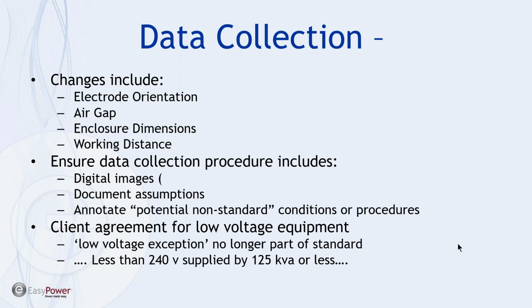So these changes include electrode orientation, the air gap between conductors and any particular bus termination, the enclosure dimensions of panels or switchgear or motor control centers, and then the working distance for any particular procedure that's going to be done.